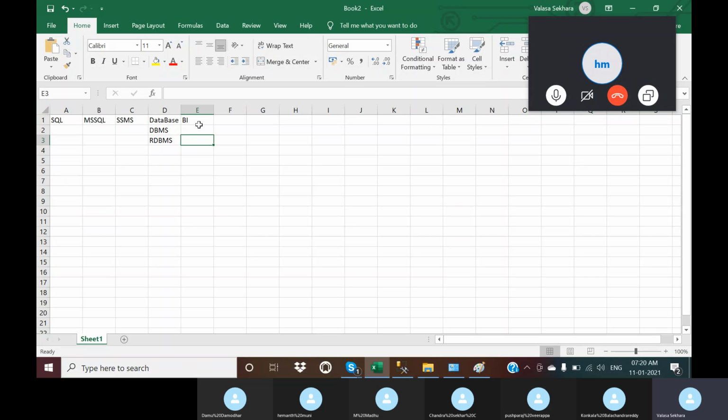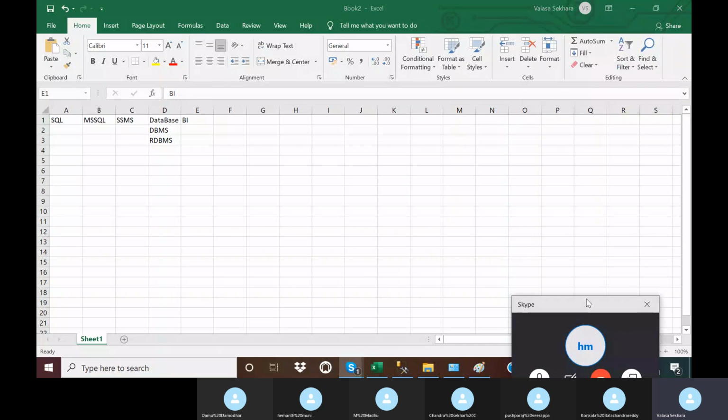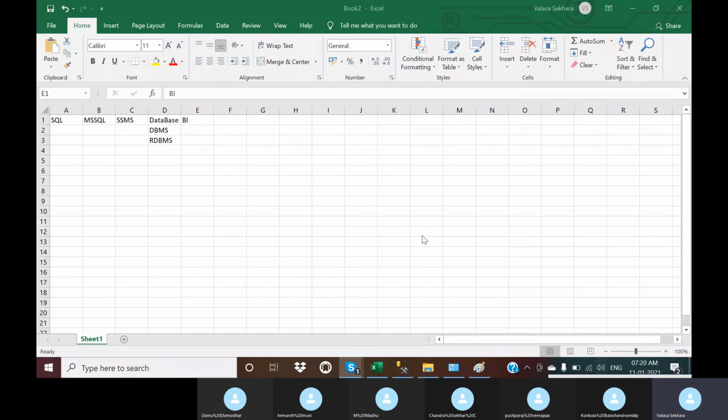So BI is nothing but, based on the intelligence, we have to improve the business. The basic definition of BI is extracting of the data. First, we have to extract the data. Let me open Paint.